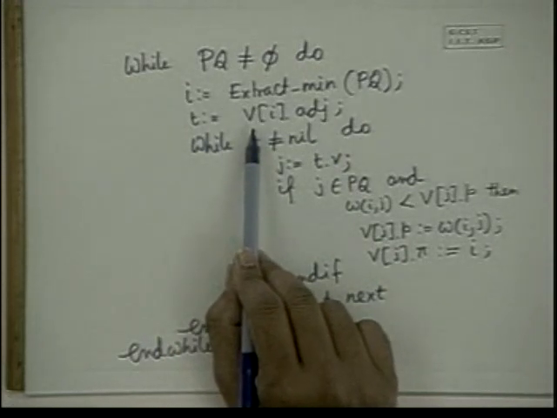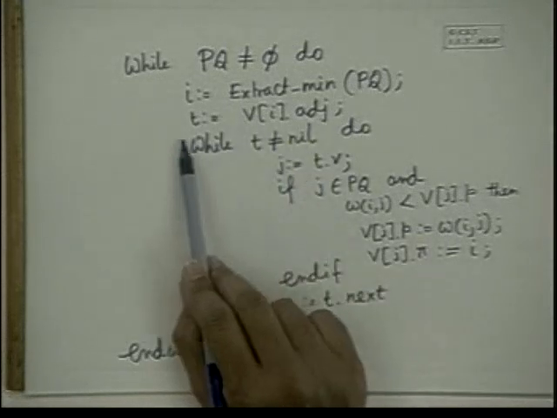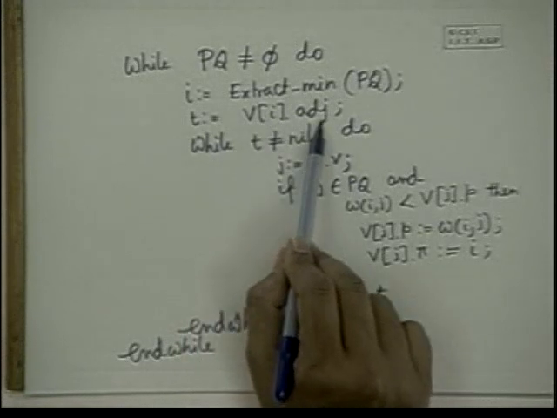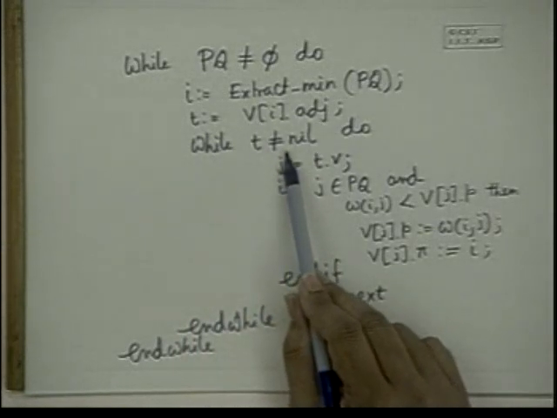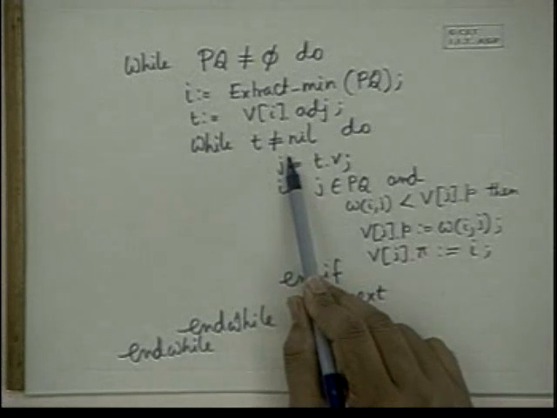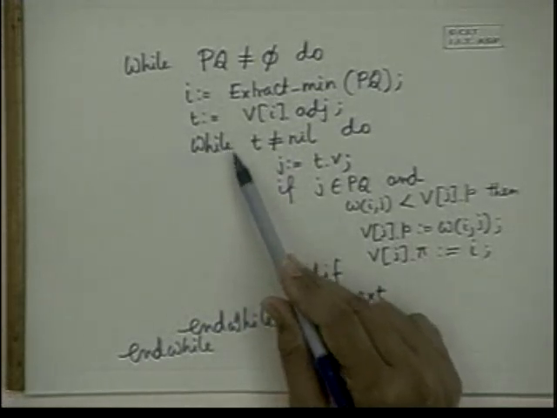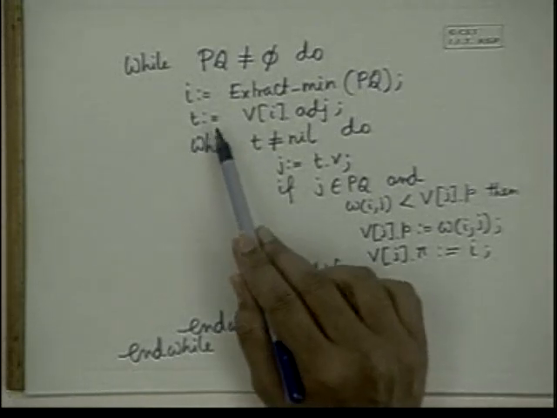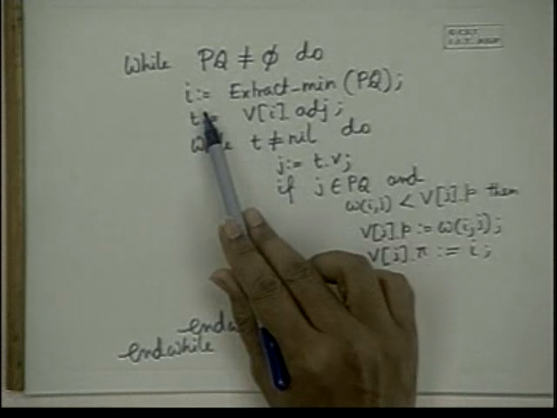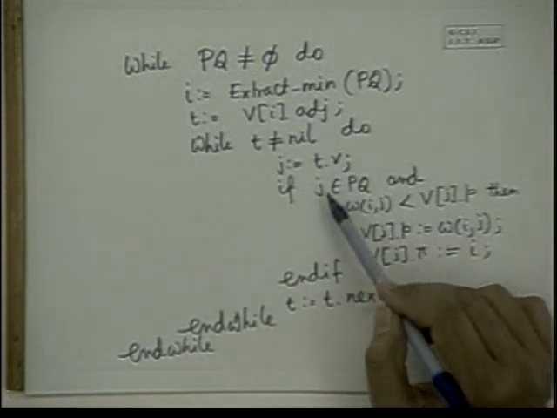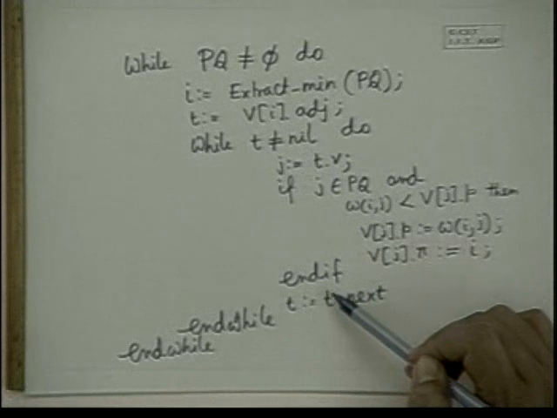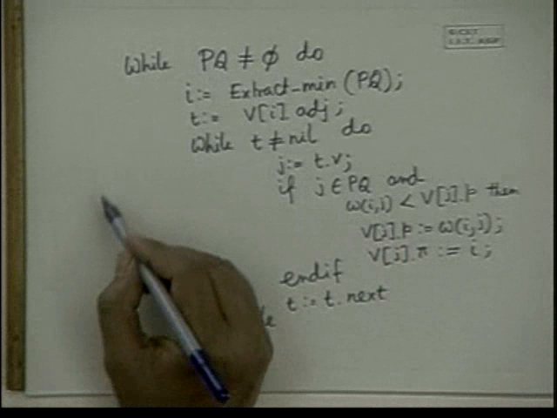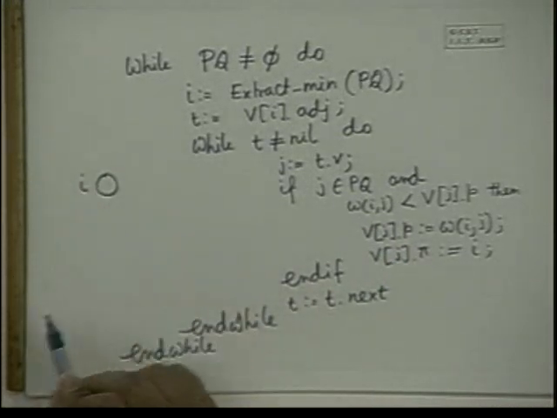Suppose it has extracted that, then what it is trying to do, it is trying to see what are the adjacent vertices it has. So t is equal to vi dot adj. Then it's going through the list of its neighbors. This while loop is taking care of going through the neighbors of i. Suppose I have chosen i, this is the minimum already.